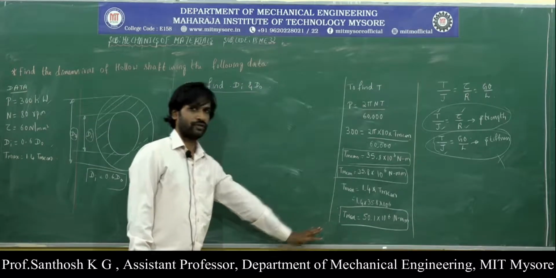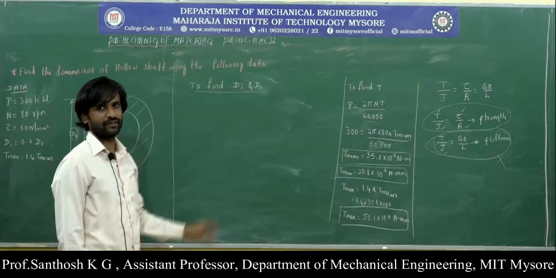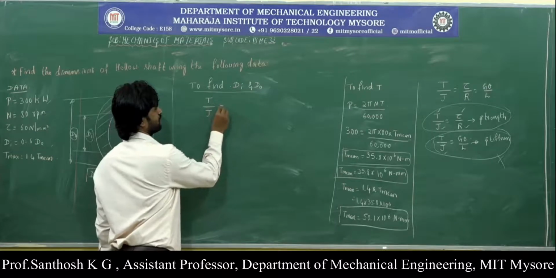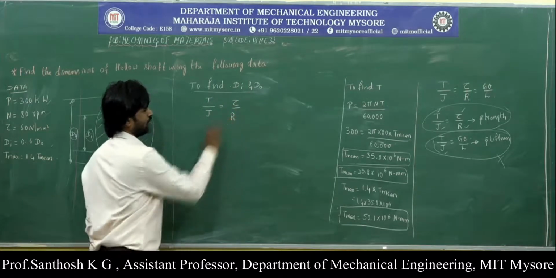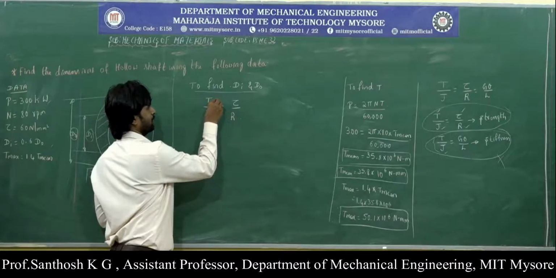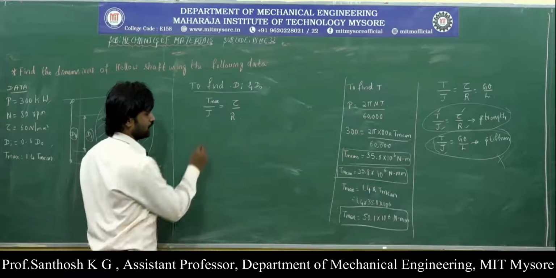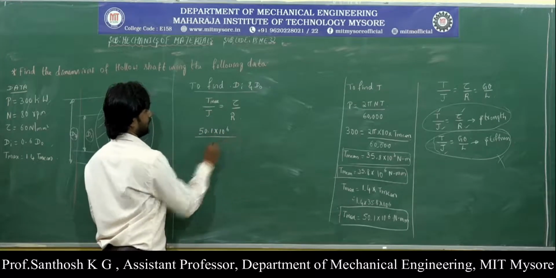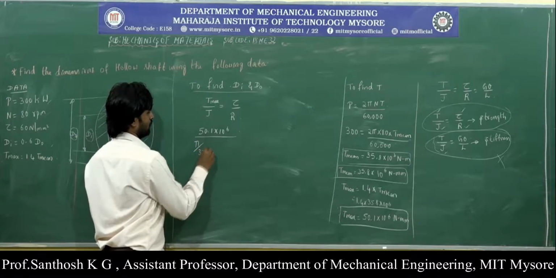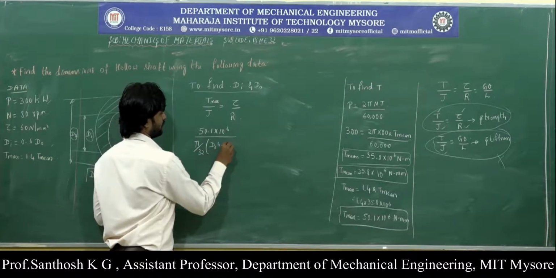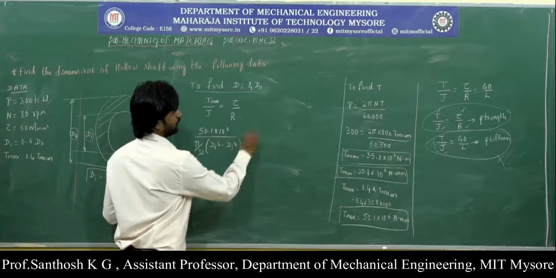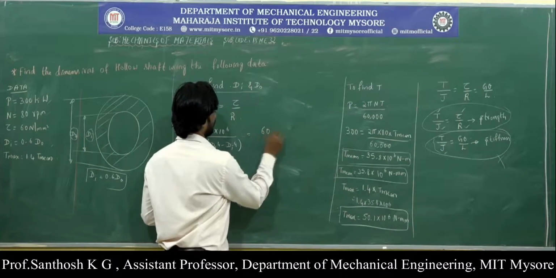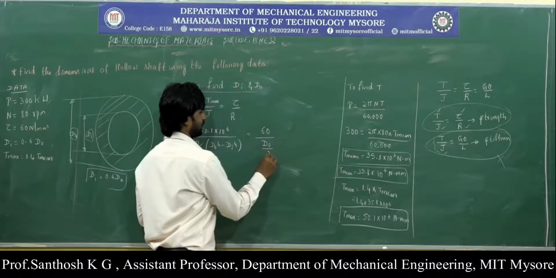Once you find the value of T max, then we shall calculate the value of di and d naught by using the strength equation, which is T by J equals tau by R. So here T represents the maximum torque the shaft is subjected to. It is equal to 50.1 into 10 to the power of 6 divided by pi by 32 times d naught to the power of 4 minus di to the power of 4, equals the value of tau, which is 60, and the value of R is d naught by 2.